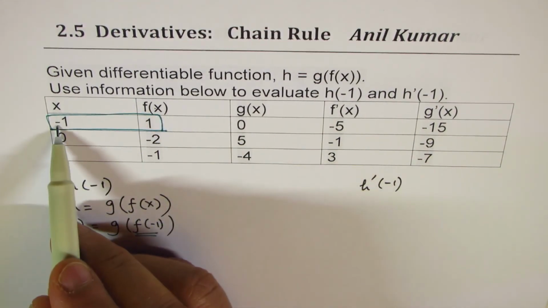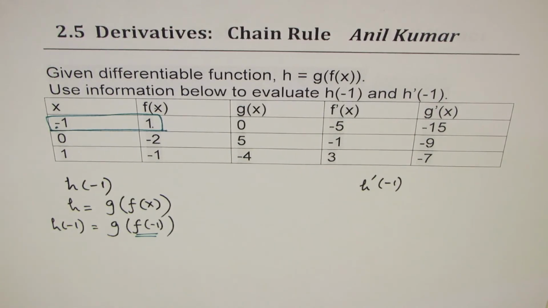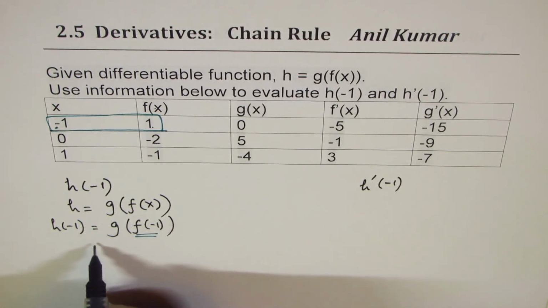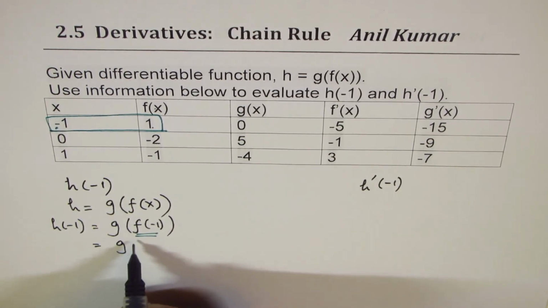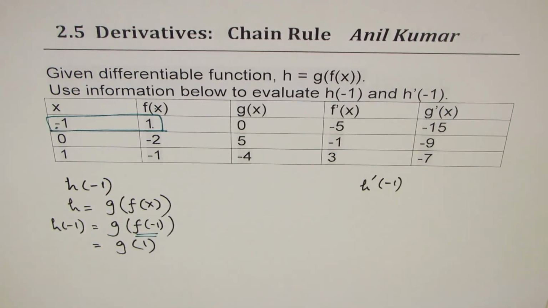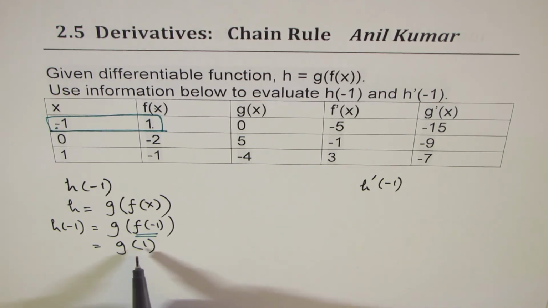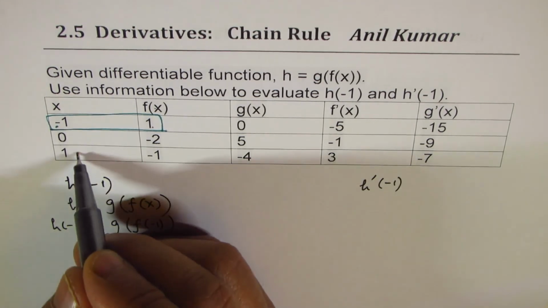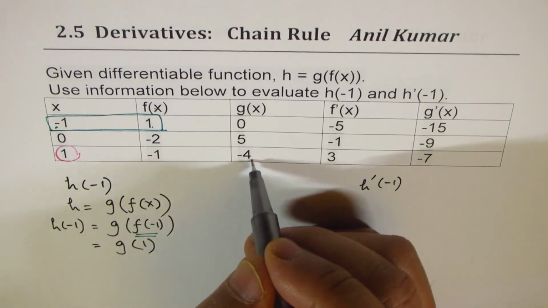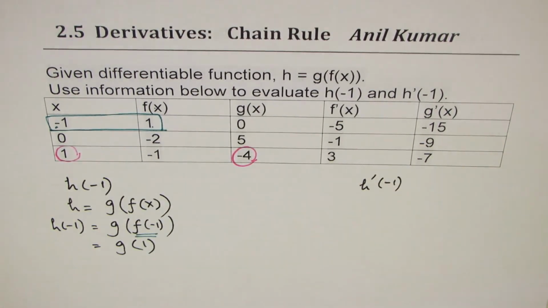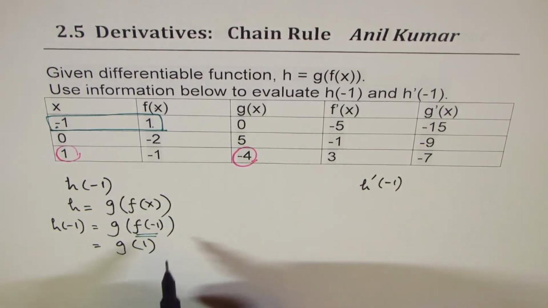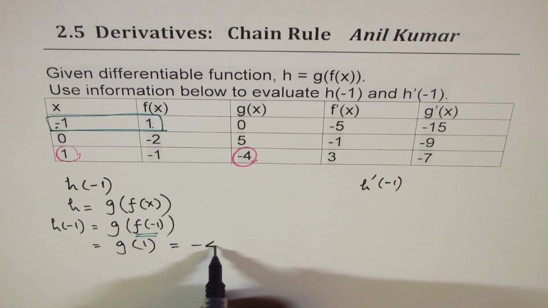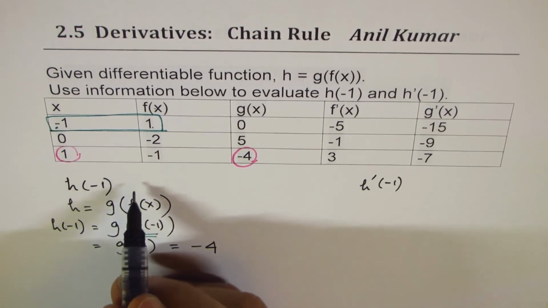So f of minus 1 is 1, right? So I could write this as g of 1, correct? Now we have to look for the value of function g when x is 1. So that is this. When x is 1, what is g? It is minus 4, right? So we write this as minus 4. So the value is minus 4.